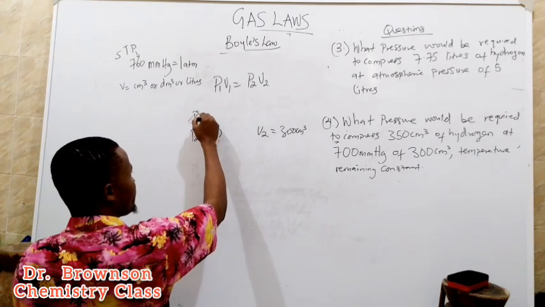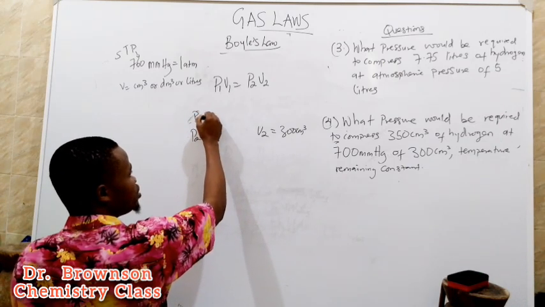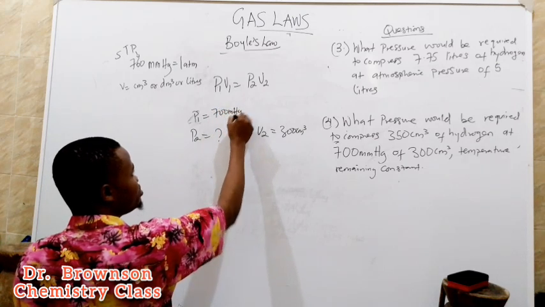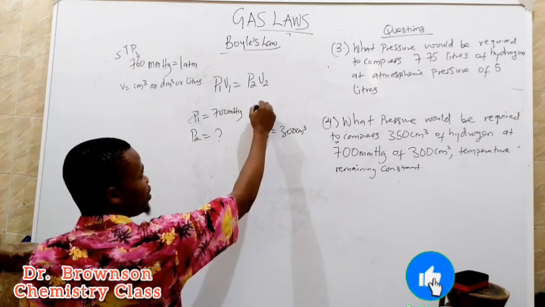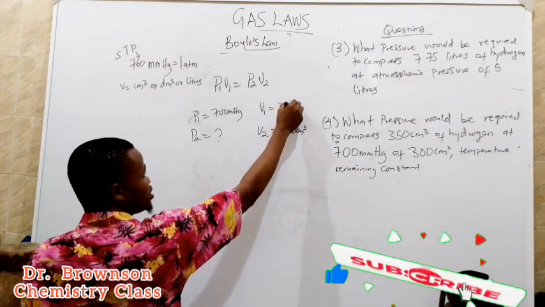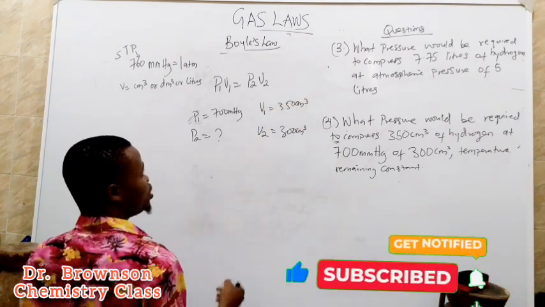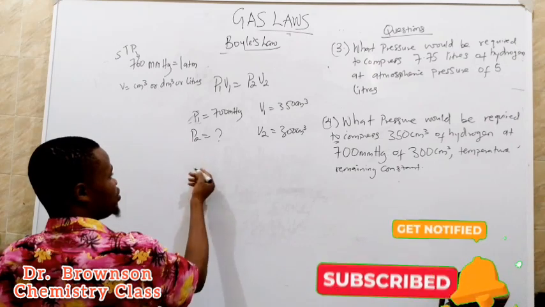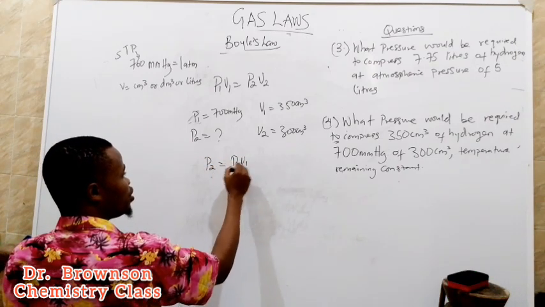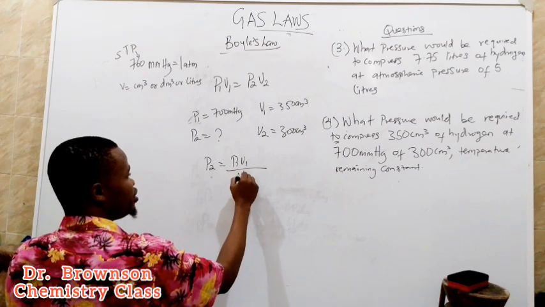Our P1 is equal to 700 millimeter mercury, and our V1 is 350 centimeter cube. So very simple, make P2 the subject of the formula. P2 equals P1 V1 all over V2.